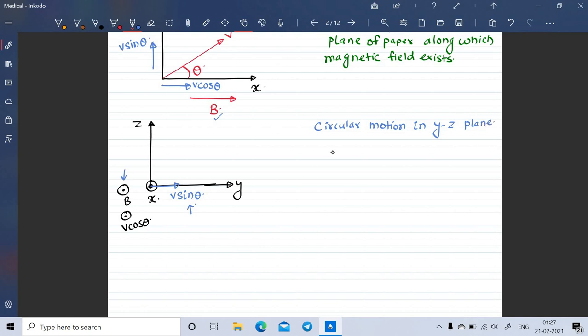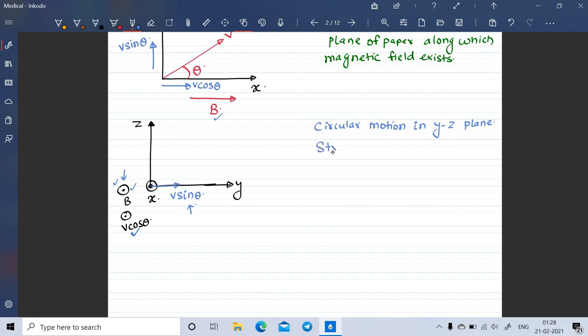But there is a v cos theta component which is along the B vector. So can I say this v cos theta will remain unchanged, or there will be no change to this velocity, correct? Because due to this component there will be no force, v cross B. So v cos theta cross B is 0, so this component is not going to change.